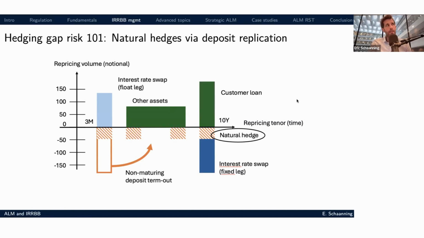Regulations put a cap, I think EBA in Europe, they put a cap of 5 years on the weighted average duration of your term out. So you cannot assume that the average of all of your deposits has a longer duration than 5 years. And there's lots of modeling requirements, model validation requirements on testing these assumptions. And by doing that, you essentially reduce the amount of interest rate swaps that you would need to put in place to hedge.